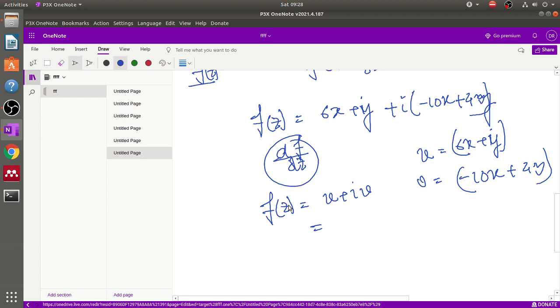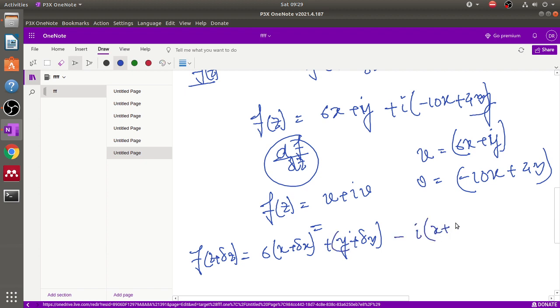And we already know that f of z plus delta z equals 6 times x plus delta x plus y plus delta y, minus i times 10 times x plus delta x, because the minus sign comes out here, and the last one in the bracket is plus 4 times y plus delta y.